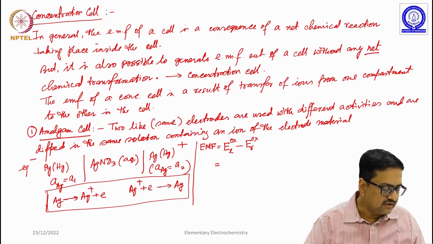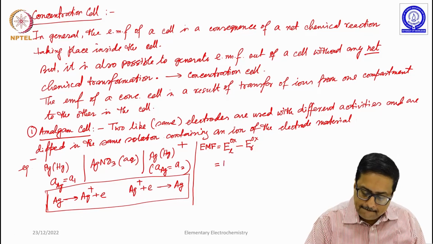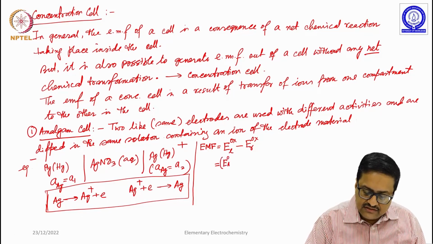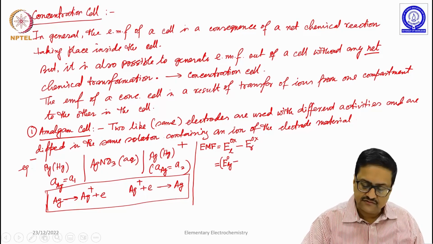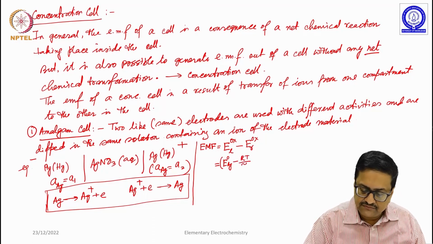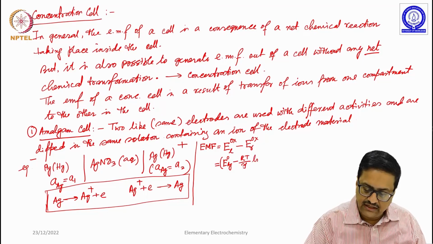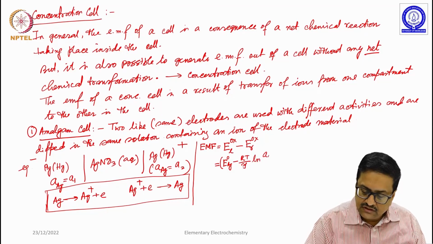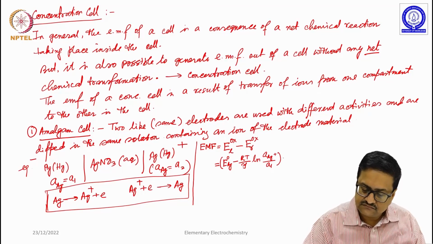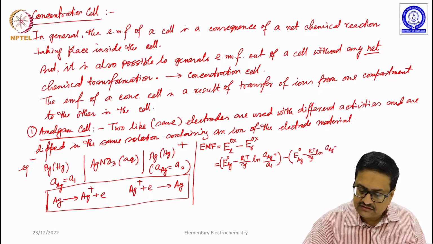Then what you will get is E0 Ag minus RT by F ln activity of Ag plus divided by activity of Ag, that is A1, minus E0 Ag minus RT by F ln A Ag plus divided by A2.